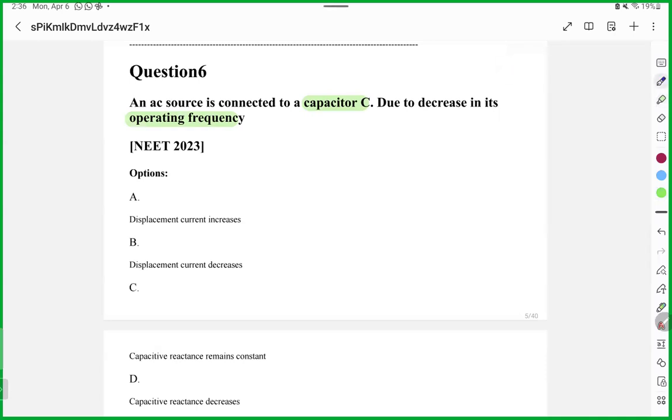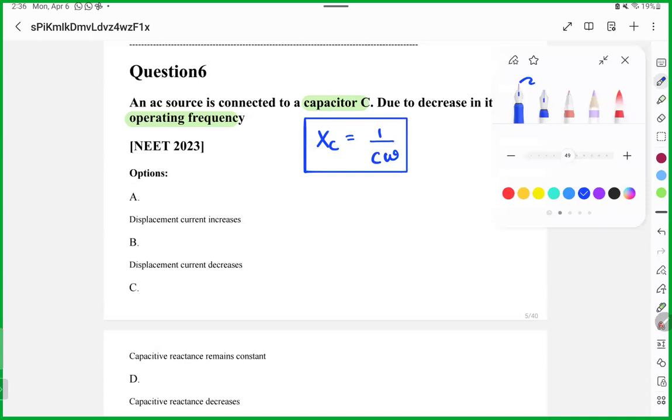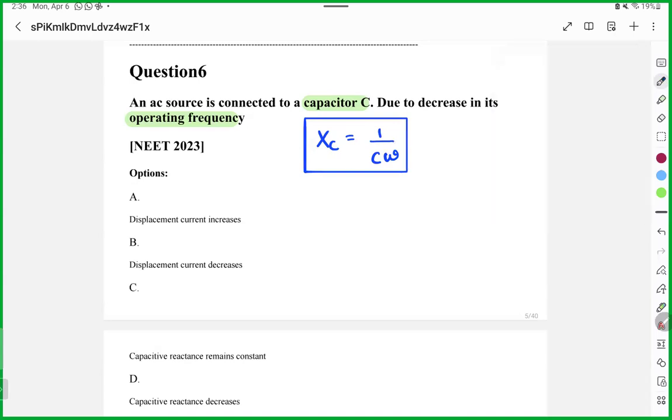In case of AC, in capacitance, resistance is equal to 1 by C omega, correct? In the alternating current chapter, in an LCR circuit, if you calculate the capacitive reactance of the capacitor, what will be the value? 1 by C omega, and omega is equal to 2 pi nu.